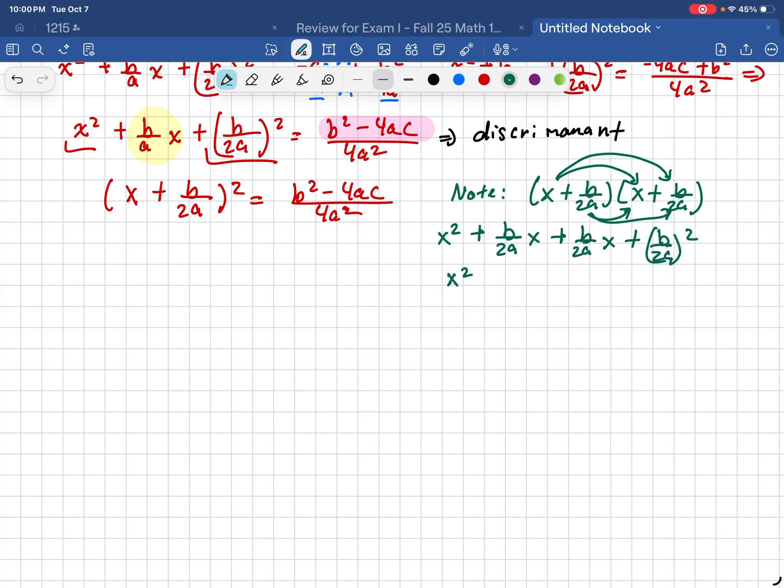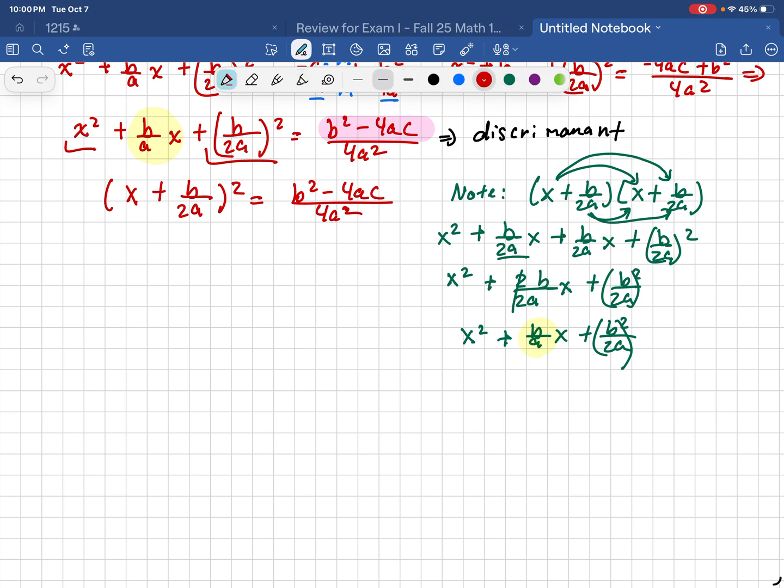Now we have x squared plus 2b over 2a x plus b squared over 4a squared. This becomes x squared plus b over a x plus b squared over 4a squared. And don't forget your parentheses, please. So as you can see, b over a x is still there. It was just hidden, like over here.